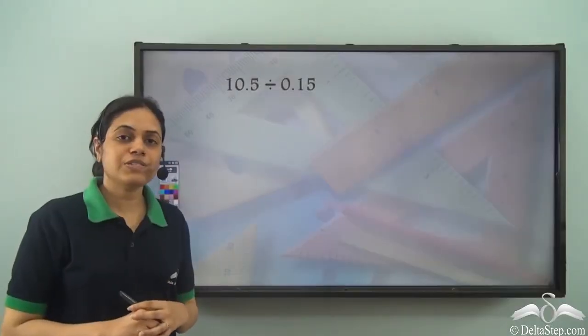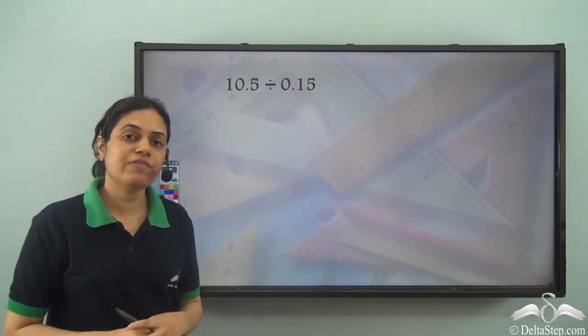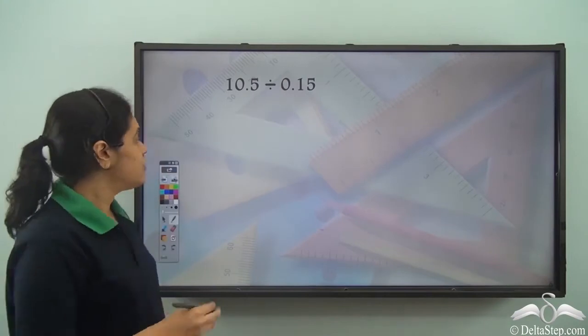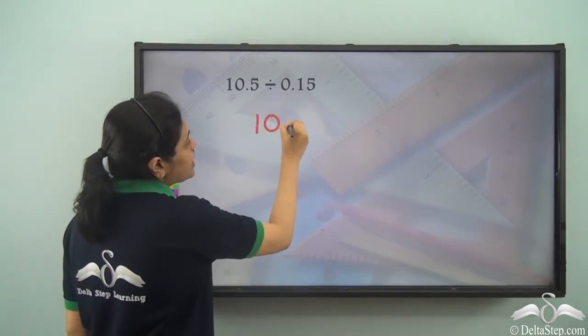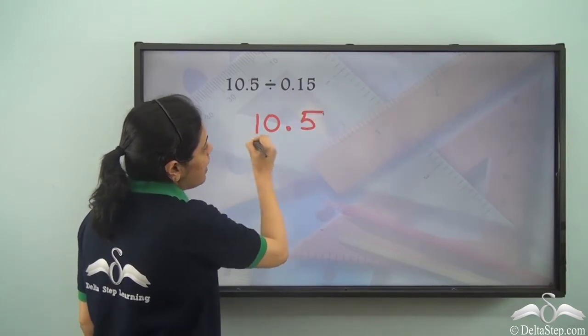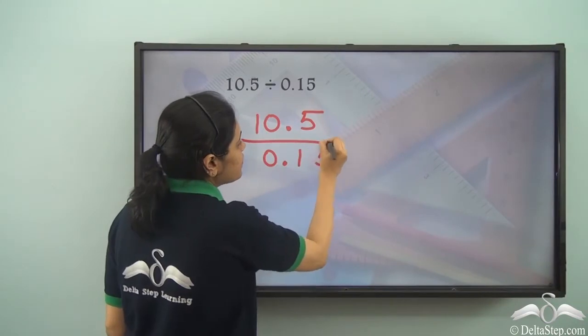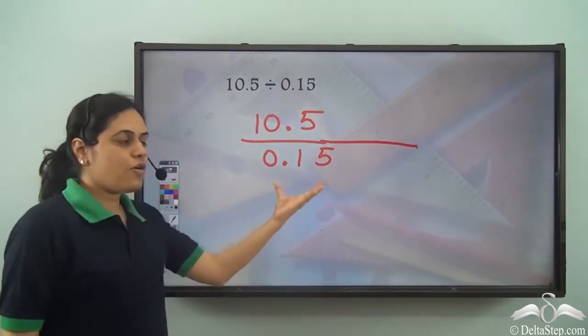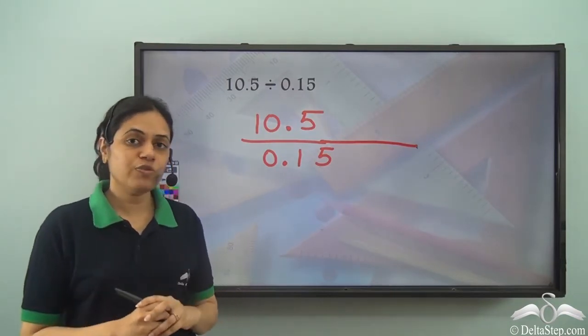So now can you solve this on your own? What is 10.5 divided by 0.15? So let us see. We have 10.5 divided by 0.15. Now the divisor has a decimal point, so I need to remove that.